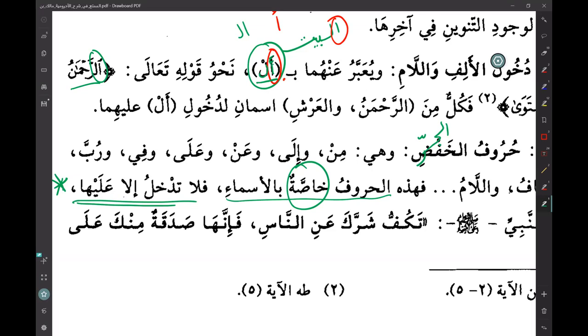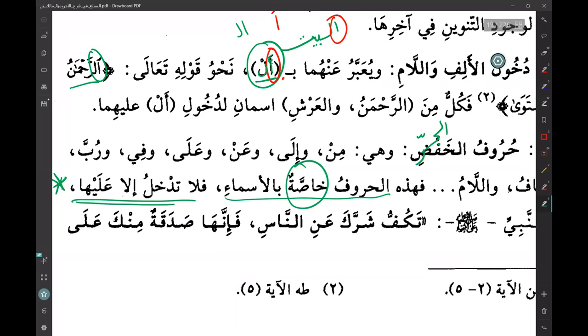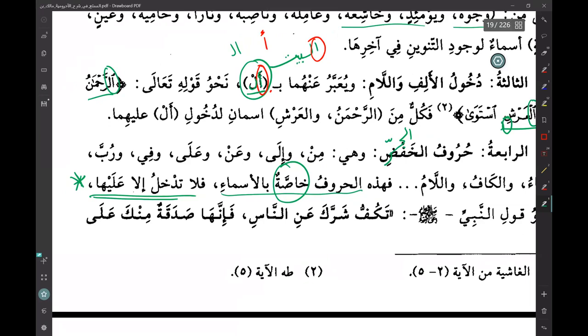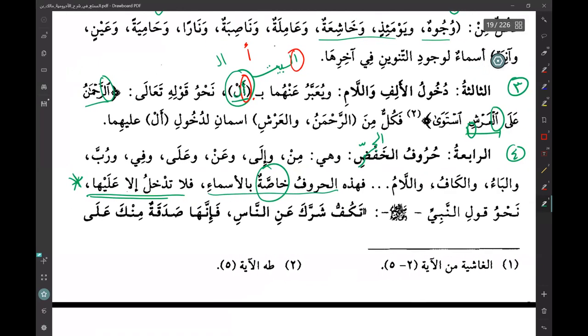But if you go into more detail and want to read some of the classical books, especially poetry, you will see that alif lam has another role. It is used in different ways, and at that time it can come upon a verb also. So you can remove what I said right now, but I'm mentioning it so that your mind is a little bit open in the beginning, okay? But for our purpose, when you see alif lam, guys, this is a noun.